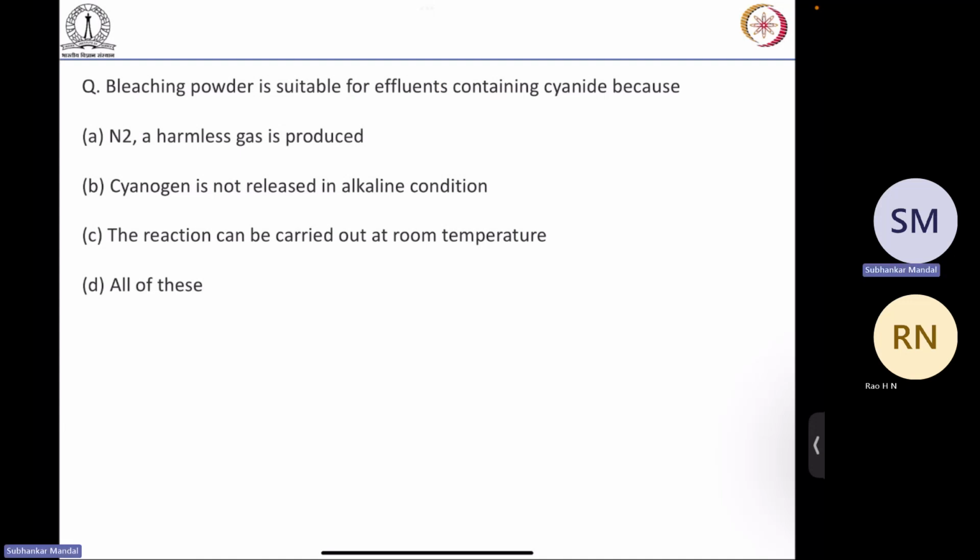Bleaching powder. By the way, what is the chemical formula of bleaching powder? We have read it in school time. Bleaching powder is calcium hypochlorite, Ca(OCl)2.